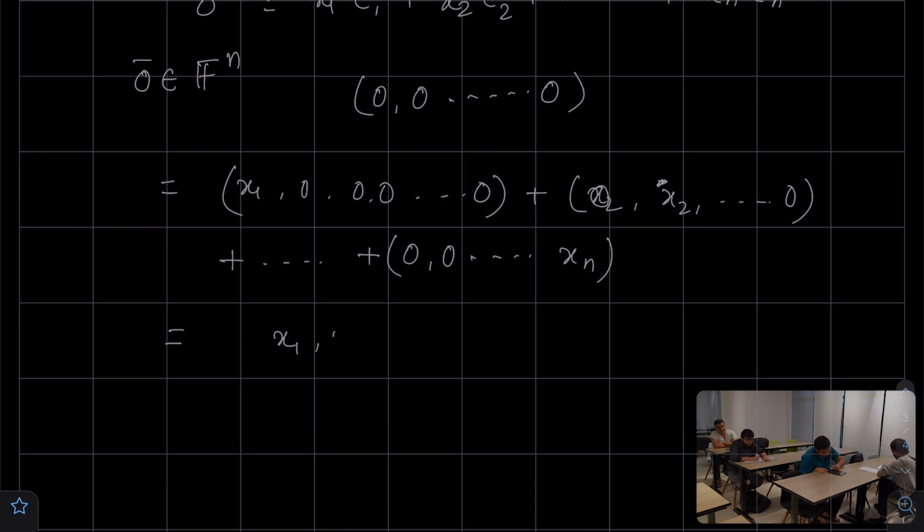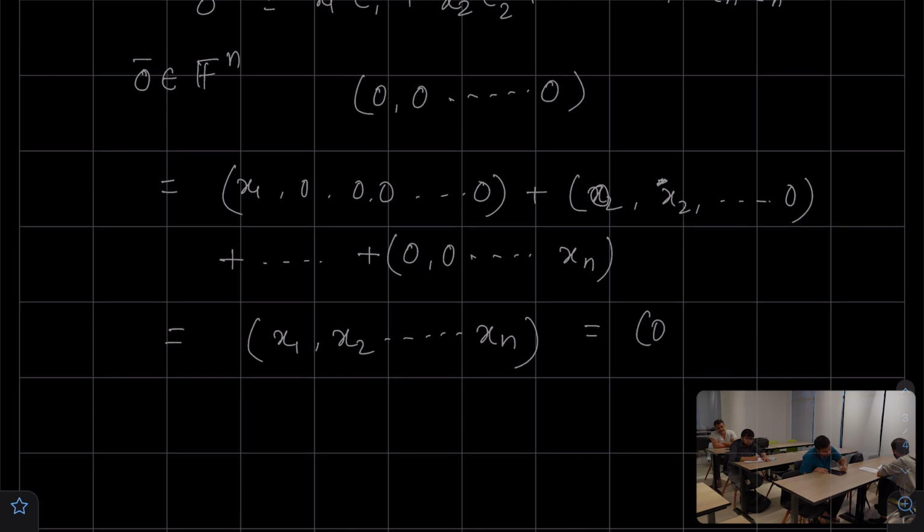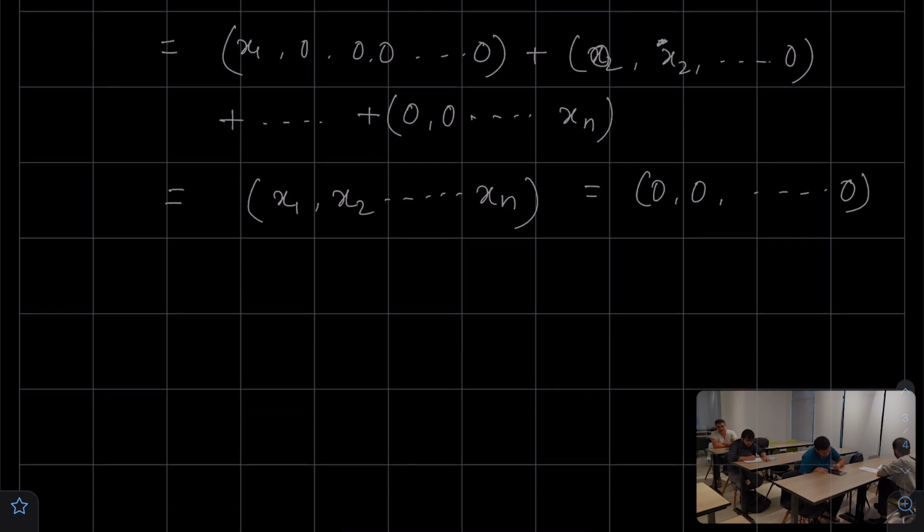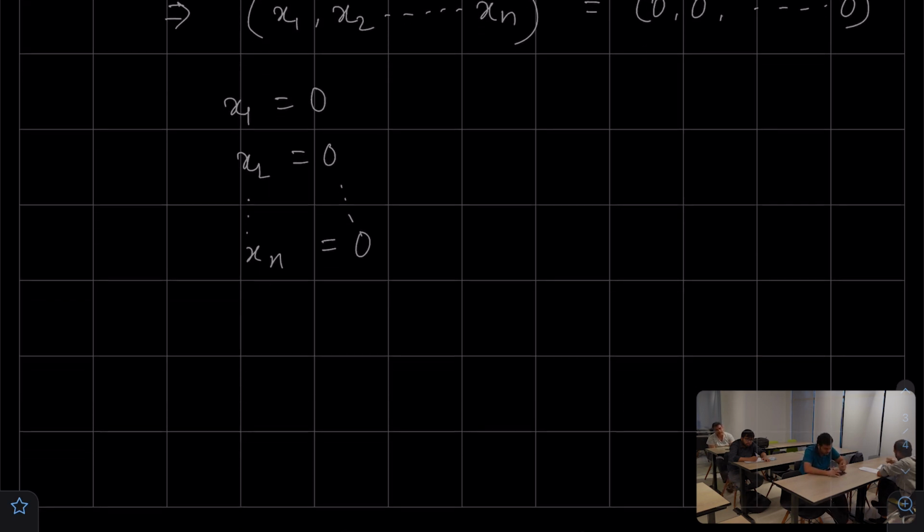Then writing all this as x1, x2, xn, it equals the zero vector 0, 0, 0. Now if you compare, x1 equals 0, x2 equals 0, all the way up to xn equals 0, right? That means this set is linearly independent.